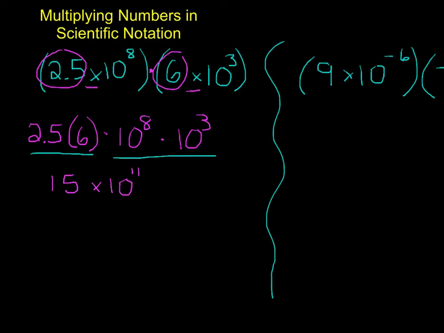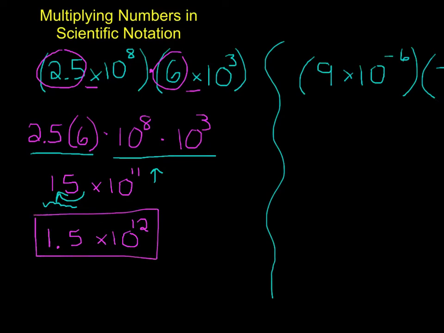So 15 times 10 to the power of 11. But 15 is larger than 10, so we need to rewrite this in proper form. 1.5 times 10. Because I had to move my decimal to make the coefficient smaller, I need to increase my exponent by 1. So it's 1.5 times 10 to the power of 12.